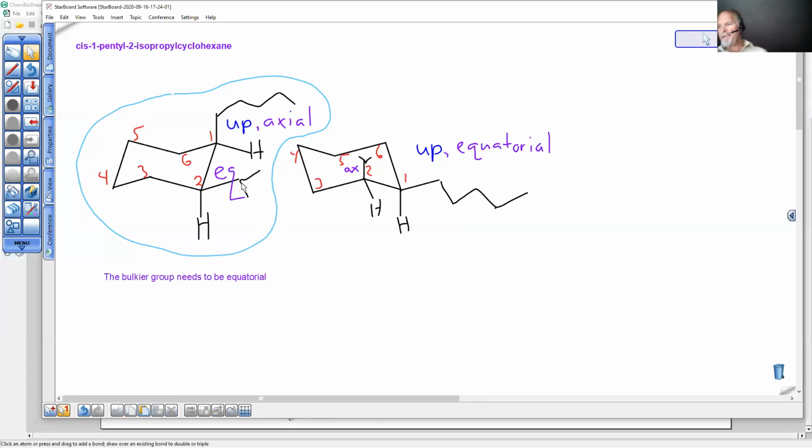Okay, why is an isopropyl bulkier than a pentyl? Well, the isopropyl, the carbon attached to the ring, has 2 methyls on it, 2 carbons. The pentyl has only 1 carbon. You can swing that carbon away from the axial H's that are here and here. Remember, the ones that are 2 away are the bad ones?